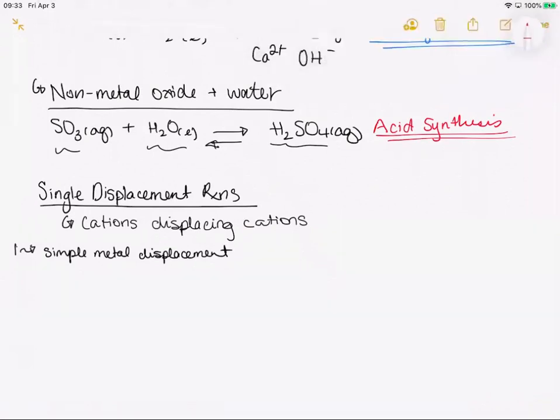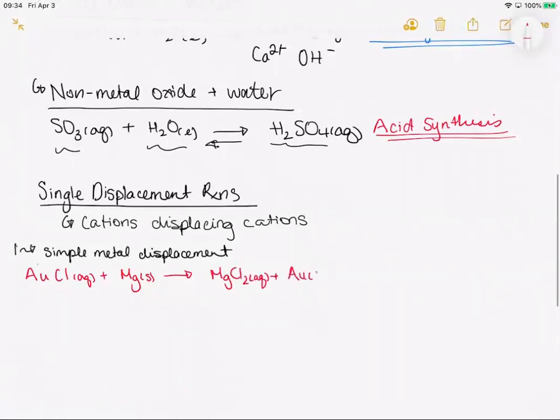An example of this is gold chloride, an aqueous compound dissolved in water, reacting with solid magnesium. If you look on the reactivity series, you're going to see that gold is all the way at the bottom. Magnesium is able to give its electrons to gold, forming magnesium chloride, and it displaces gold and makes it into a solid precipitate.